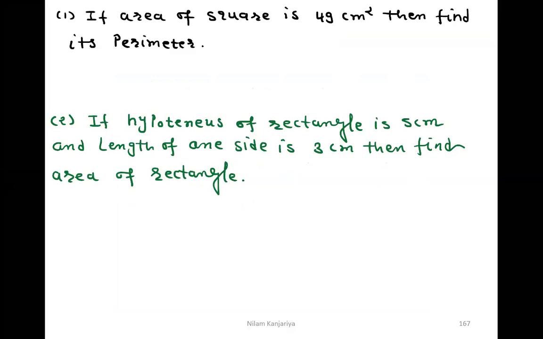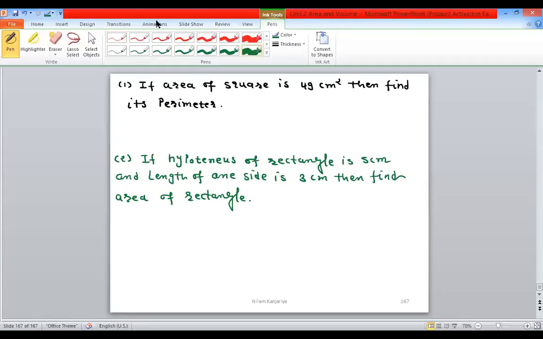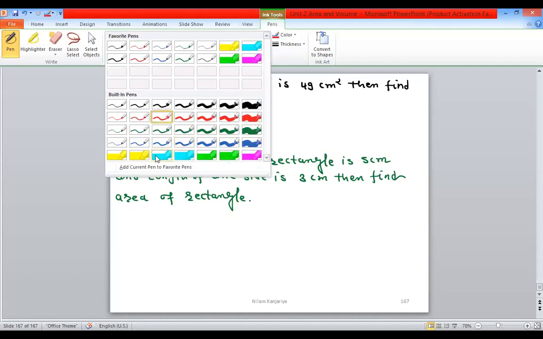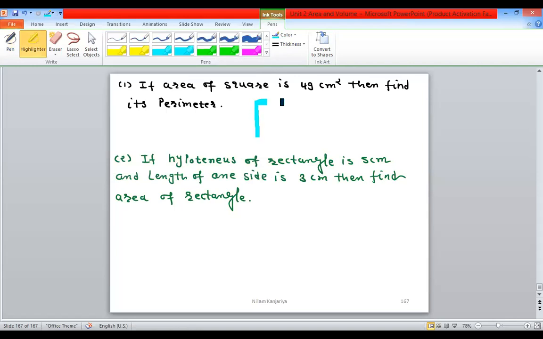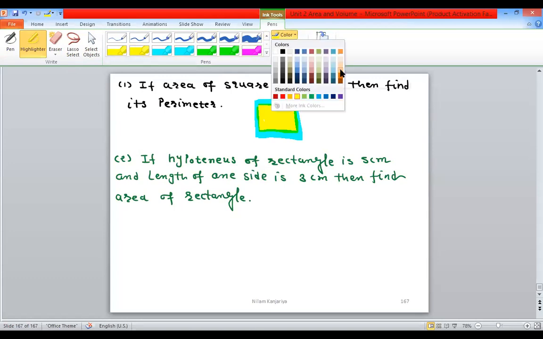Then find its area. So I'm drawing here the one figure which you have. This is your square, whose area is given. So this part is given. You can find the perimeter, that means this part.